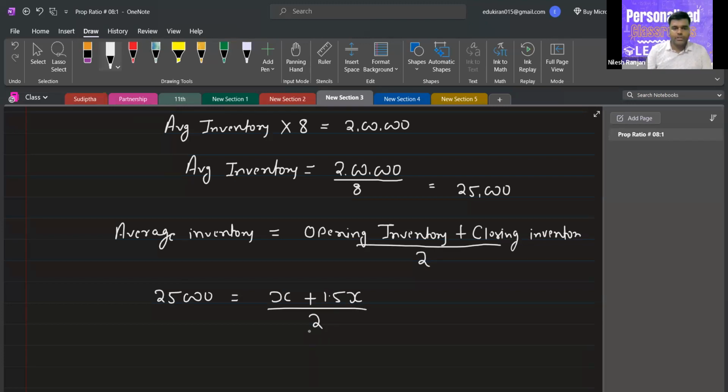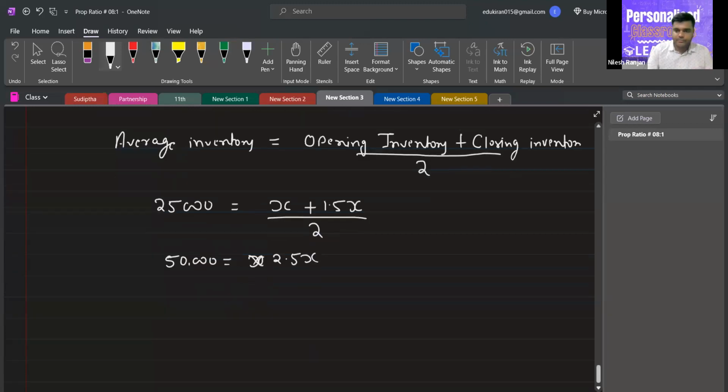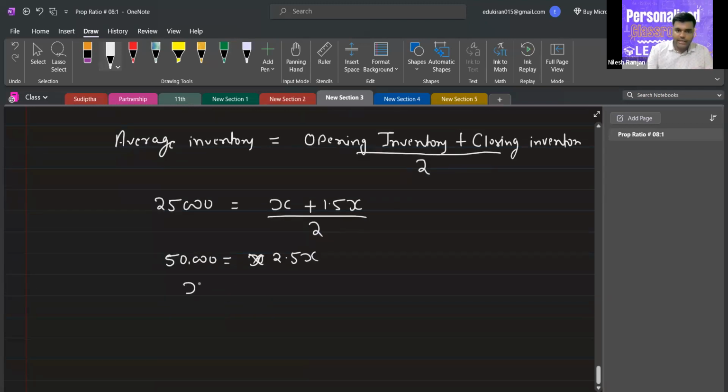So 2 will be multiplied by 25,000. You will get 50,000 here, and that equals 2.5X. So X equals 50,000 divided by 2.5. It is 20,000.